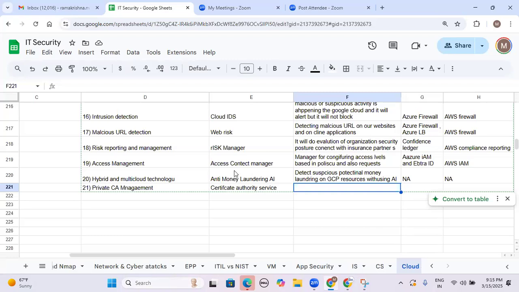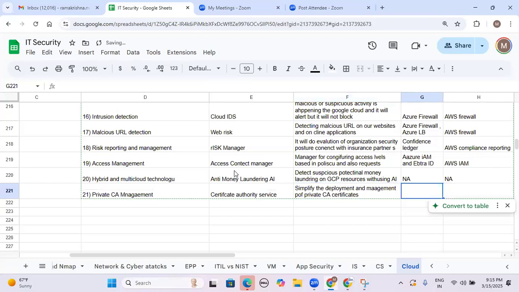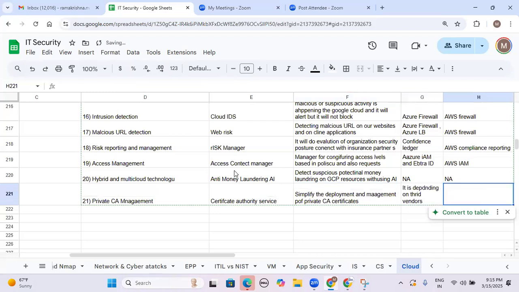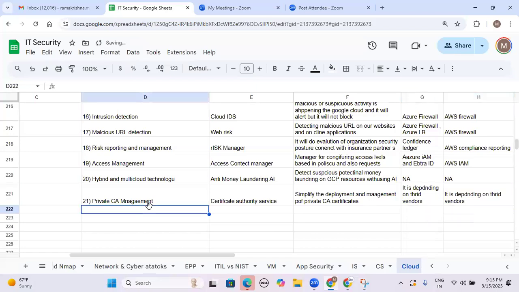So what this one will do is simplify the deployment and management of private CA certificates. But what about Amazon and Azure? They are depending on third party vendors. So that is called private certificate or certificate authority management.